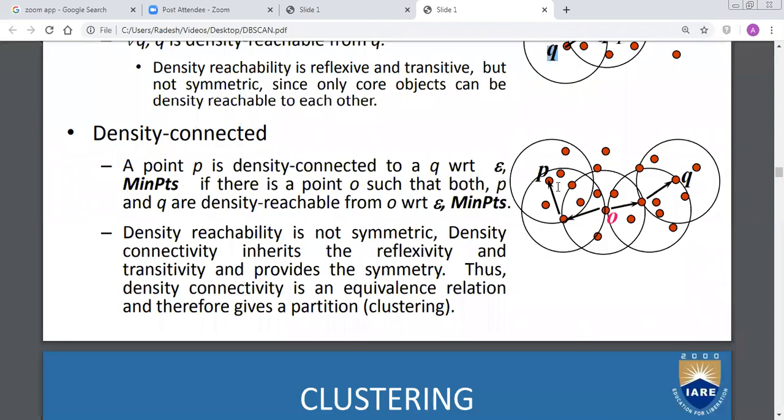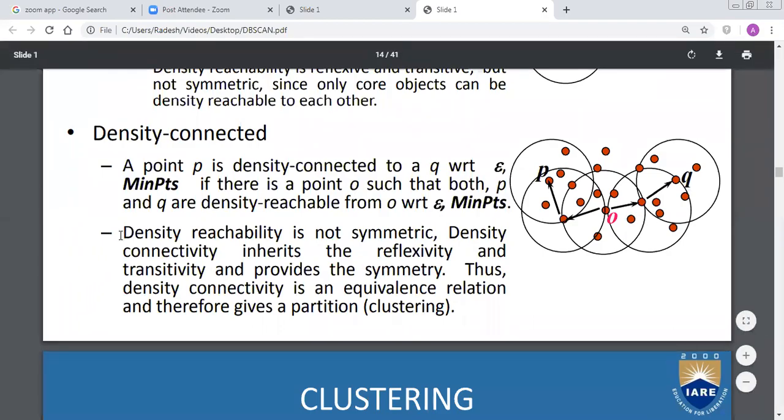Whereas in density connected, if you want to connect from P to Q, any one point is going to become the core point, and from there we connect to Q. So there is a point called O, where from P to O we connect, and from O to Q we connect.